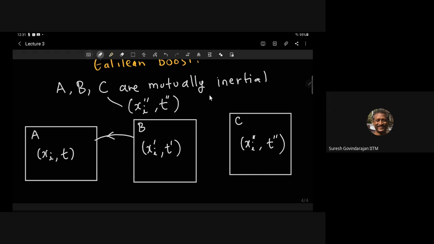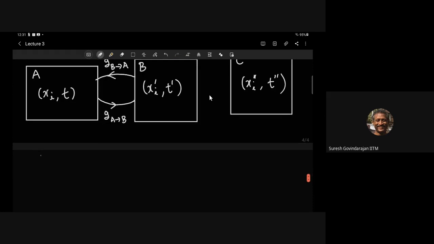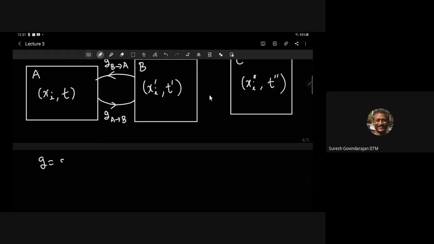Let's use some symbols. This G takes you from B to A. But it's very easy to prove that A to B also should be some other Galilean transformation, which I write as G A to B. G is short for Galilean transformation.